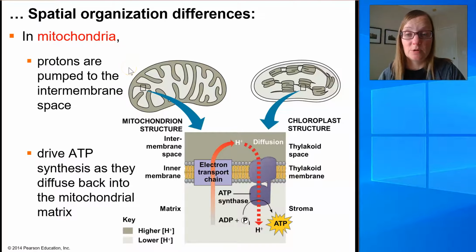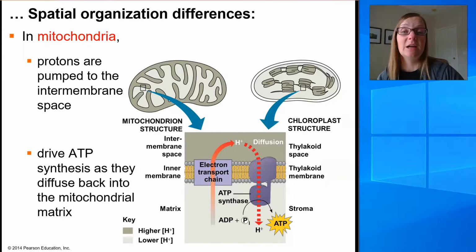Remember, the mitochondrion has two membranes. It has the outer smooth membrane and then the highly convoluted inner membrane. And wherever you have the dark gray, this is where you have the high hydrogen ion concentration that's created by the electron transport chain. As the electrons move through the electron transport chain, they give up energy, and that energy is used to pump protons into that intermembrane space.